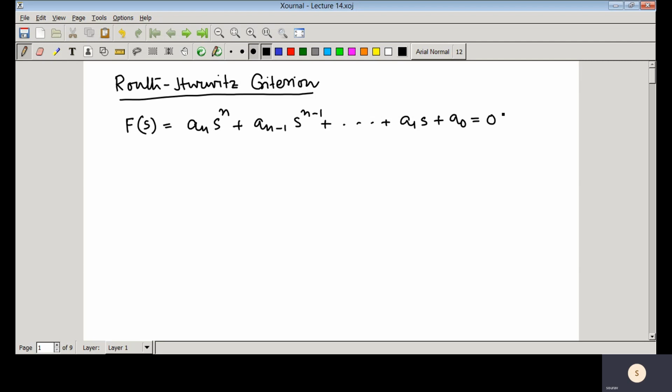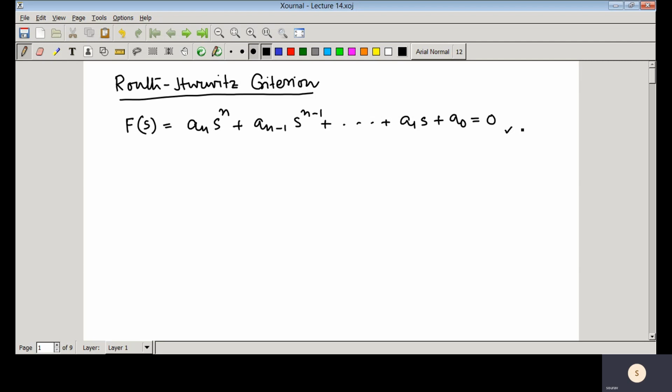Just by looking at the location of the poles, for stability, bounded input, bounded output stability or asymptotic stability, both of which are equivalent in the case of a linear time invariant system, all roots of this characteristic equation should be in the open left half of the complex plane.